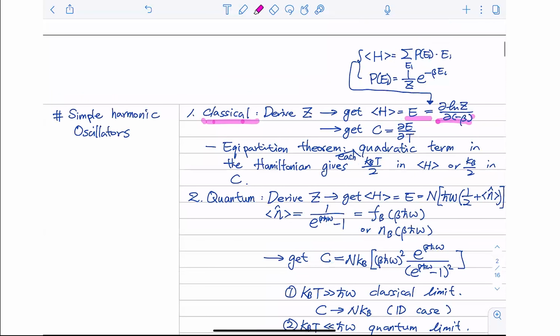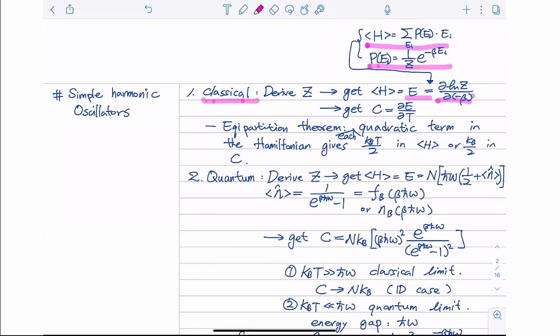The reason that you are able to calculate the expectation value this way can be shown simply if you follow the definition of expectation value of the Hamiltonian, and also knowing that the probability distribution for the canonical ensemble is expressed by the Boltzmann factor divided by the partition function. Okay, so once you know how to derive the internal energy, you can take a derivative of your internal energy with respect to the temperature, then you get your specific heat.